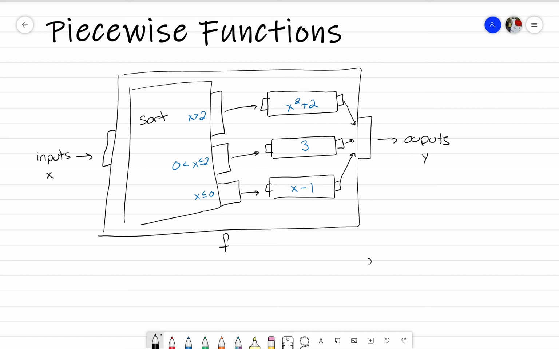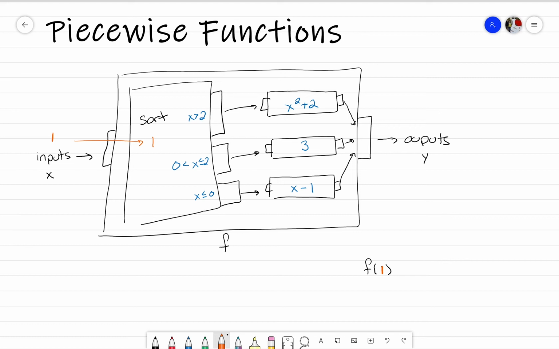So let's say that's my function f. If I wanted to figure out f of 1, then what I would do is take the number 1 and plug it into my sorting machine. So let's do that in orange. So 1 is my input. I say, okay, 1 goes into the sorting machine. Which of these bins does 1 fall into?